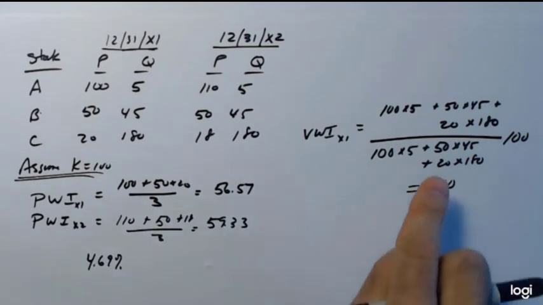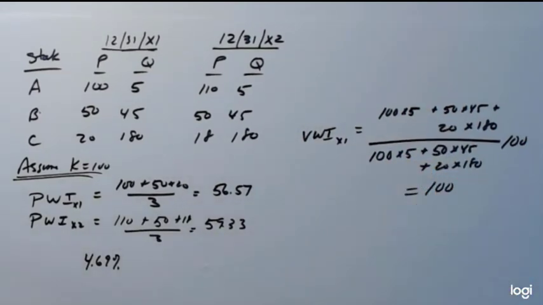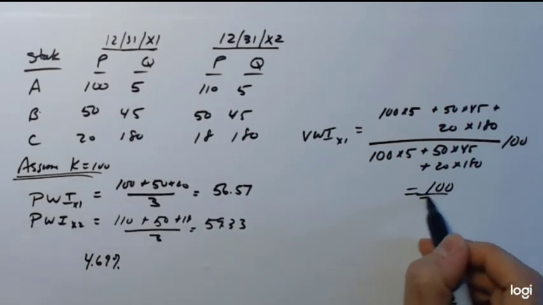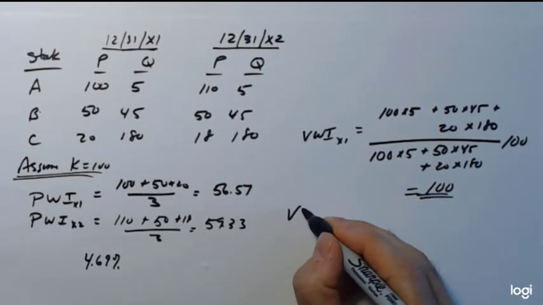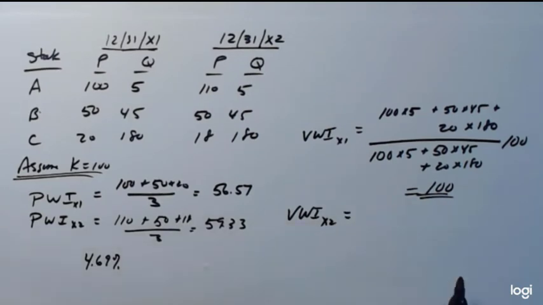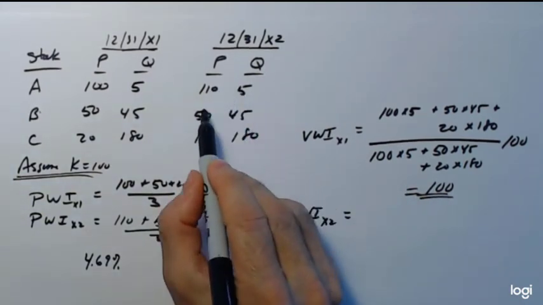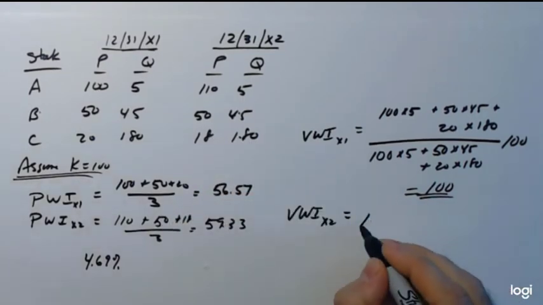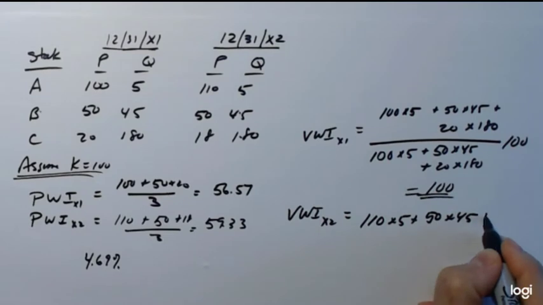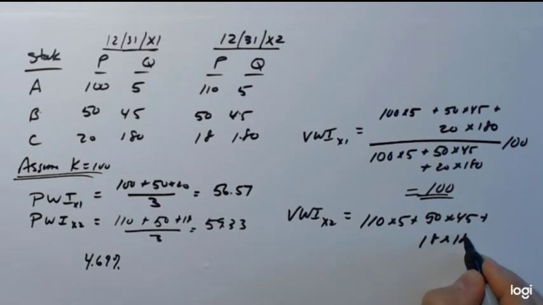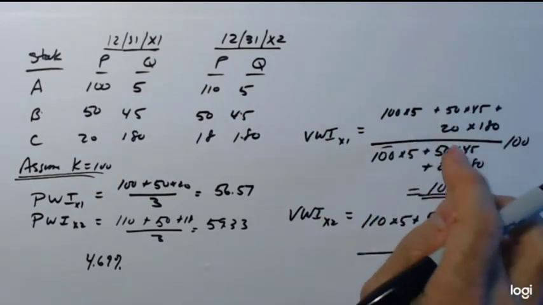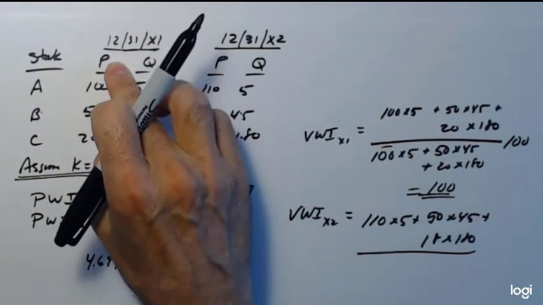So you think, oh man, I've got to sweat it out and calculate this. First of all, it's not that hard, but it's easy to make a mistake. Don't worry about it. Put 100 in for K. Now, the next period, you're going to have to do calculations. So what we're going to do is take P times Q, add it to P times Q, add it to P times Q, and divide by whatever these base period numbers are.